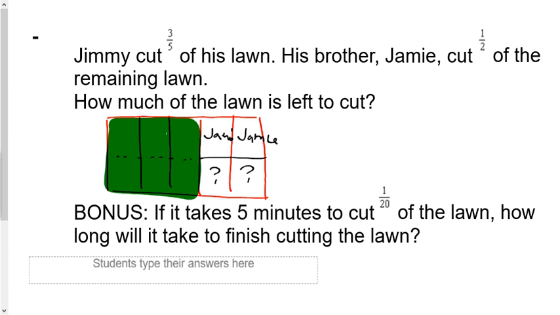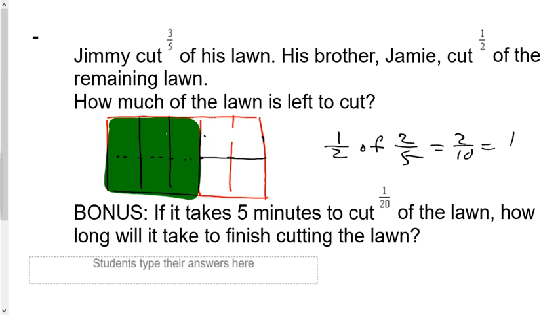Or half of 2/5. Because if you consider what was left to cut after Jimmy cut 3/5 of the lawn, how much was left to cut? Just 2/5. So half of 2/5 is what that would be, which would be 2/10, which would be 1/5 in lowest terms. So this is left to cut, which is 1/5 of the entire lawn.